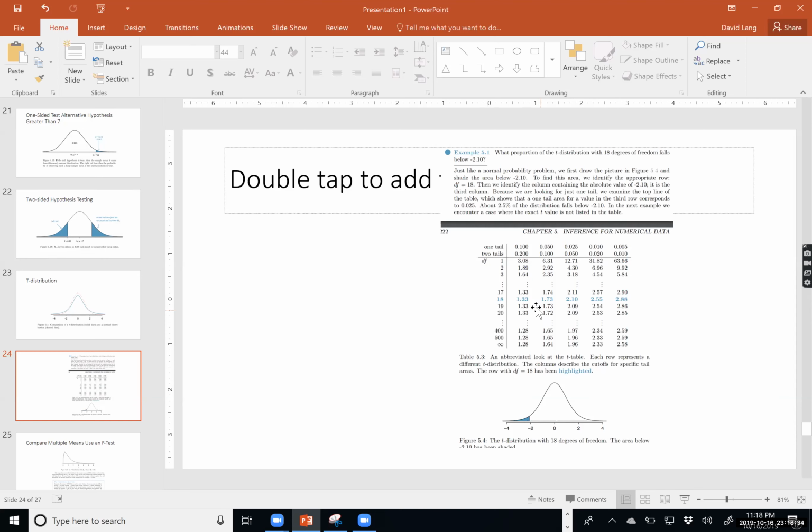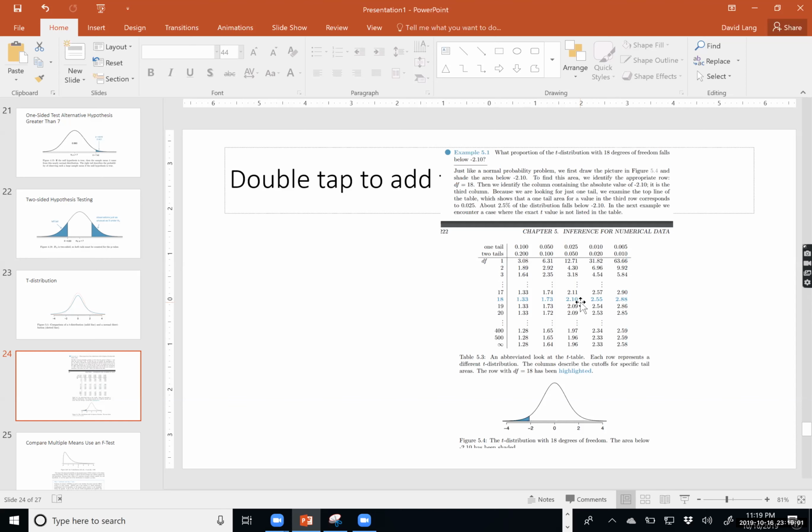So for instance, in this case, if we were to have, say, 18 observations, the probability that we'd get something below negative 2.1 standard deviations or standard errors is this amount.